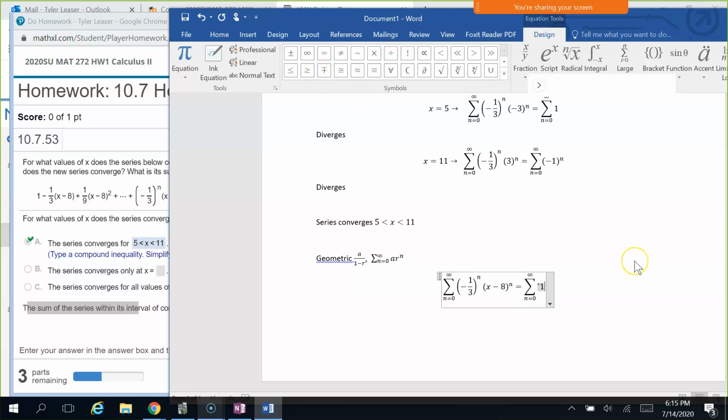My a value out in front is just going to be a 1 since there's no constant anywhere out in front. That's going to be times r to the n. And to get r, we're going to multiply these two things together. So I'm just going to distribute that negative 1/3 into these parentheses here. So it's going to be negative 1/3 x and then plus 8/3 to the n, lowercase n.